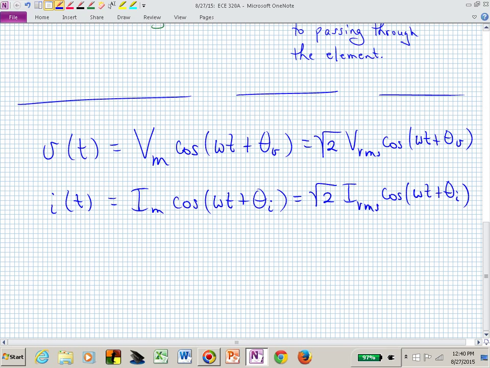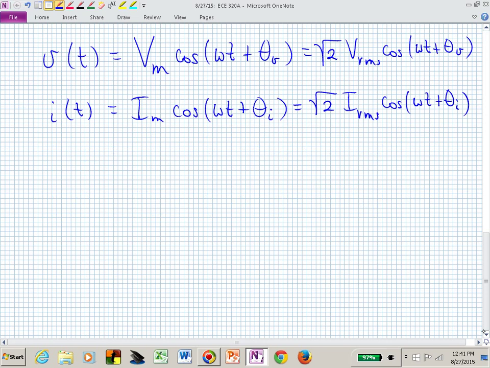Now that these waveforms are just bouncing around, I'm going to draw a line in the sand, or on the whiteboard, and say here is time 0, t equals 0. I'm going to let the current peak at time 0, but I still want to keep track of the difference between the voltage angle and the current's angle. So I'm going to take the difference of theta sub v with theta sub i and put that in my cosine so that I can make the current peak at time t equals 0.